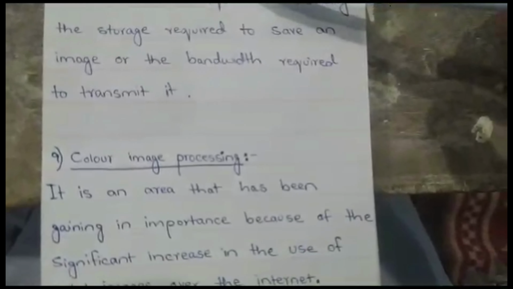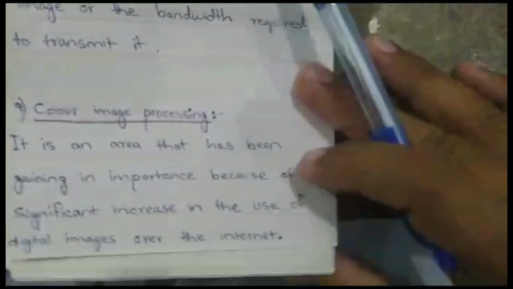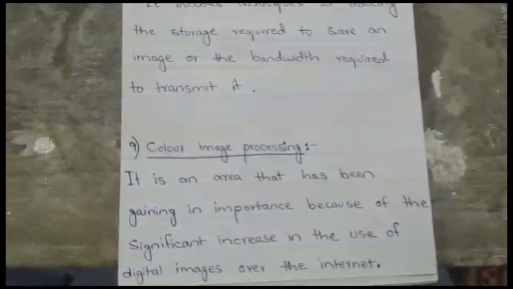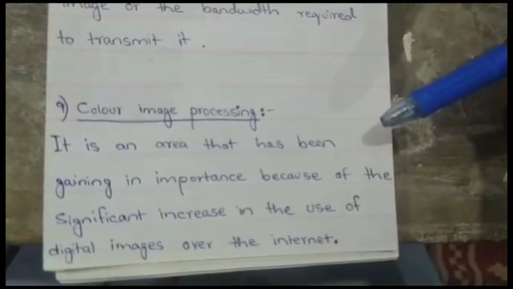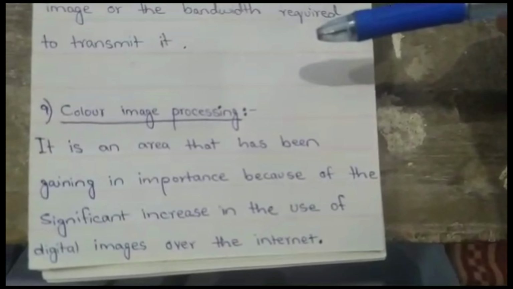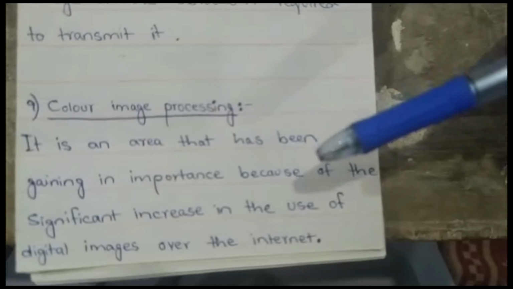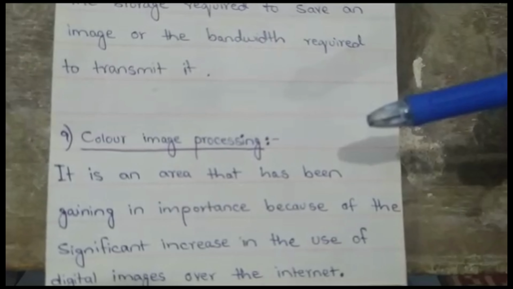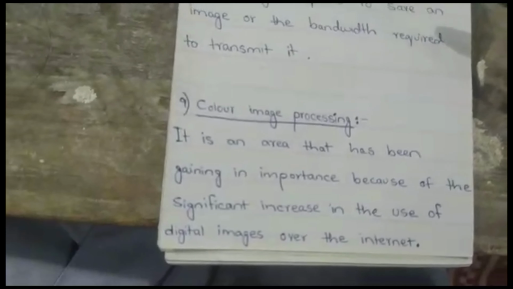Afterwards, we come to color image processing. It is a very difficult block in image processing. It is an area that has been gaining in importance because of the significant increase in the use of digital images over the internet. It deals with the colors in the image.